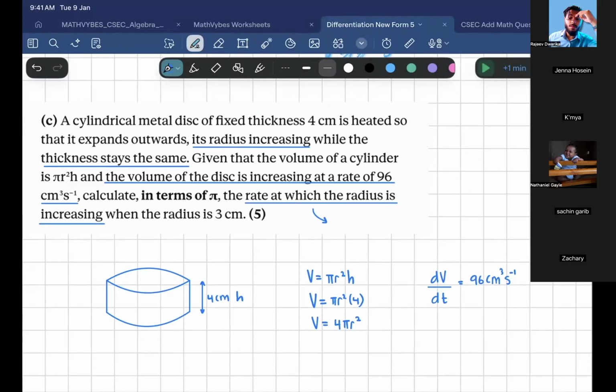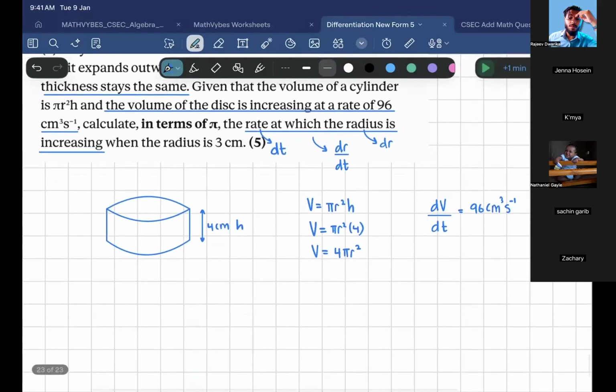The radius with respect to time. So dr/dt. Yes. Jenna, anytime you see the word rate, just know you're dealing with respect to time. And the next thing you see in here is radius. So that means the radius is changing with respect to time. You with me? Yes, sir. So Jenna, what you want to find is dr/dt.